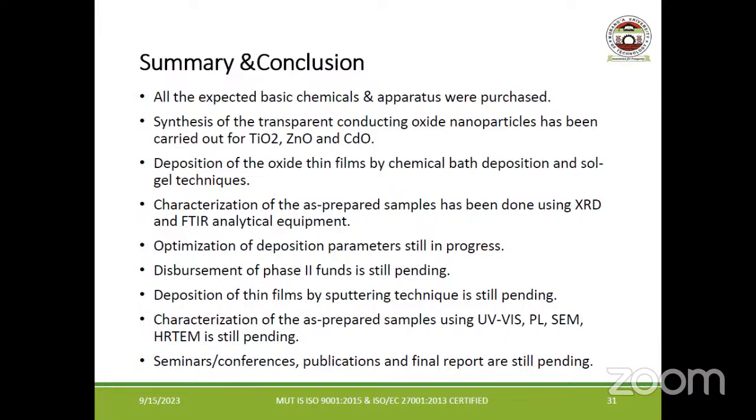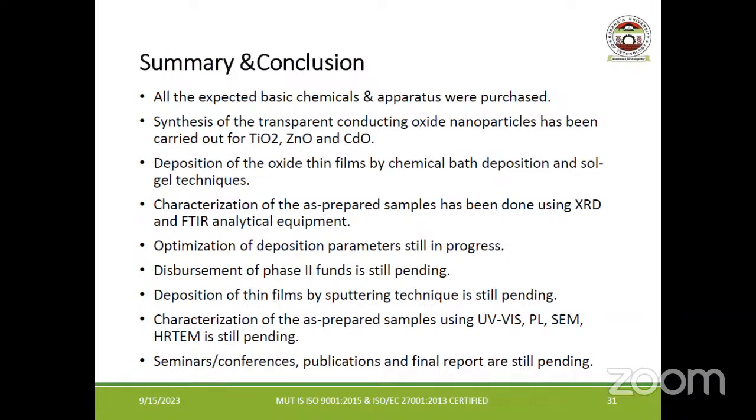This will identify the morphology, whether we have spherical nanoparticles or nanorods. These two equipment will enable us to see, and it will also help us to know how crystalline our material is, because since we are targeting to improve the efficiency of this material, the crystallinity of this material is more important.